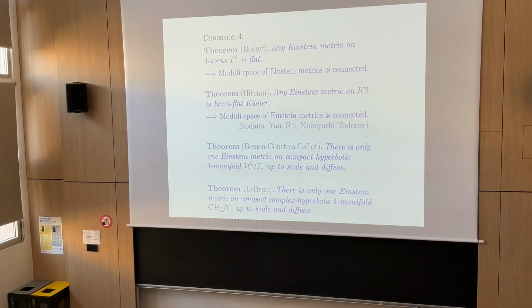The covariant derivative of the curvature tensor is 0, but that is a weaker condition than demanding that the sectional curvature is constant. All right, so in both of these cases, it turns out that the moduli space is a single point.